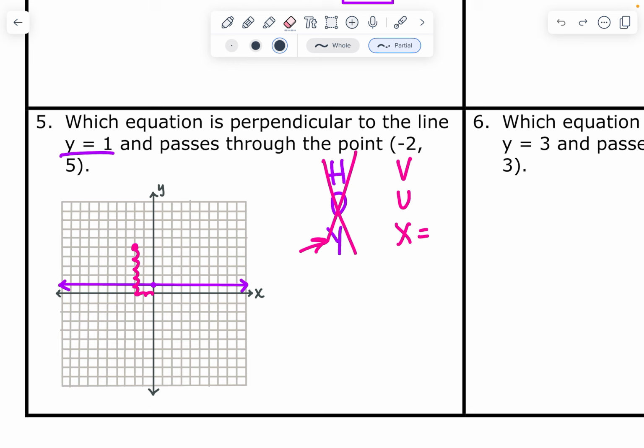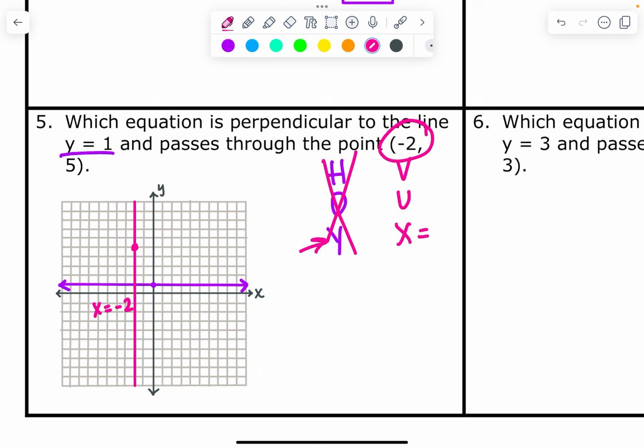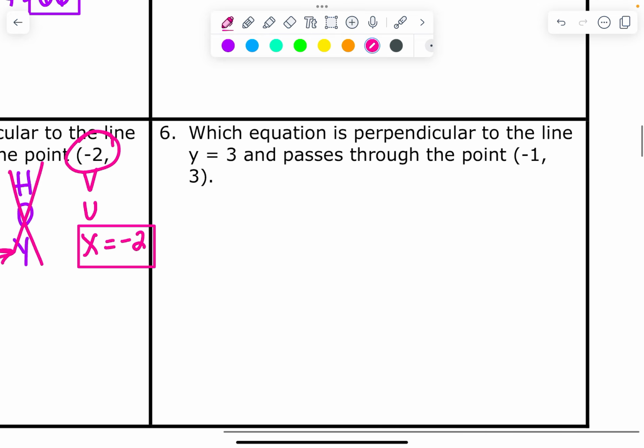If we draw a vertical line through that point, there it is. And it goes through the x-axis right there. So that's x equals -2. Or we could just look at the point and see that the x value was -2. I'm trying to give you options on how to do these types of problems. Go ahead and try number 6.